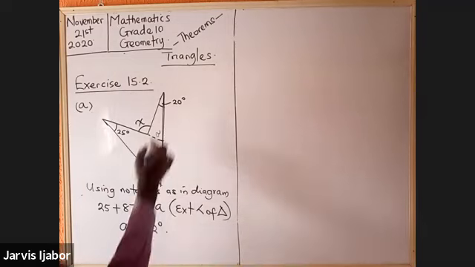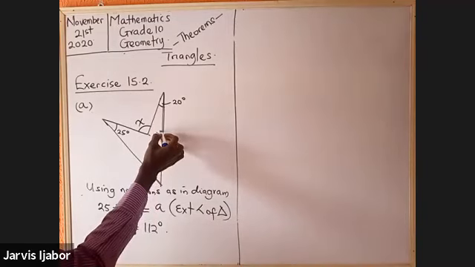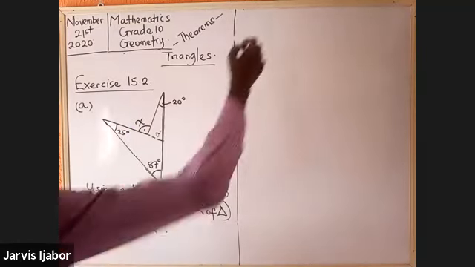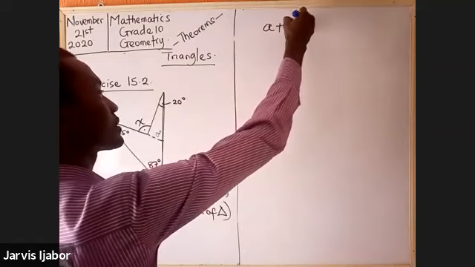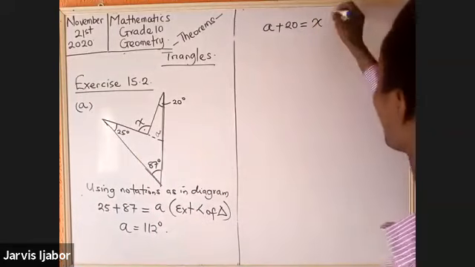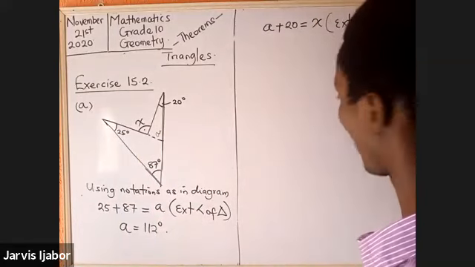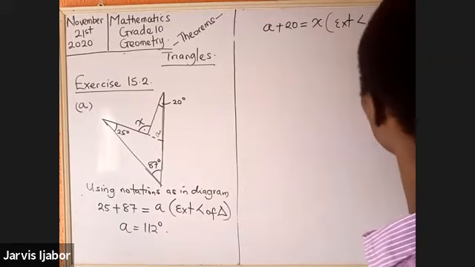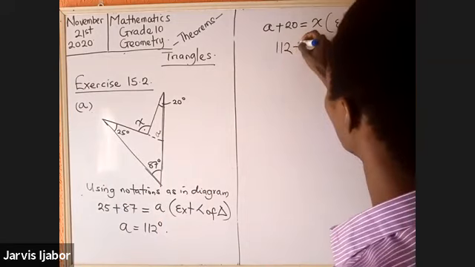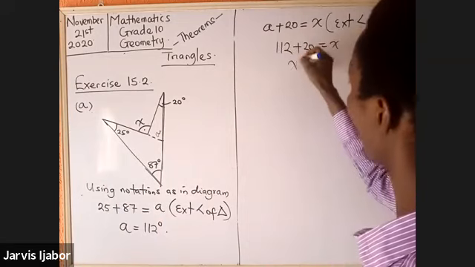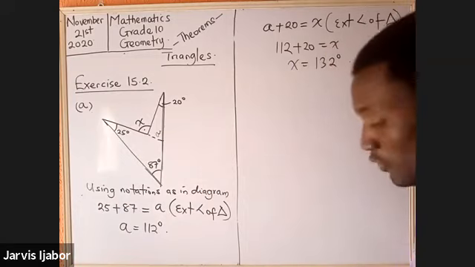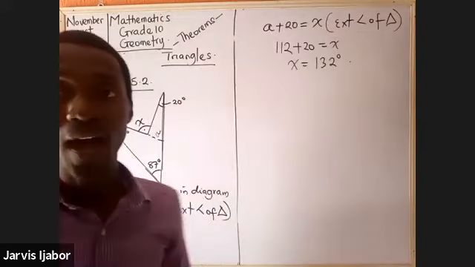So these two angles are interior angles and this angle is exterior to these two angles. So what do you have? You have A plus 20 being equal to X. And the same reason would apply: exterior angle of triangle. So what is A? A is 112, plus 20 equal to X. And X will be equal to 132 degrees. So with that, you've taken care of question 1A.